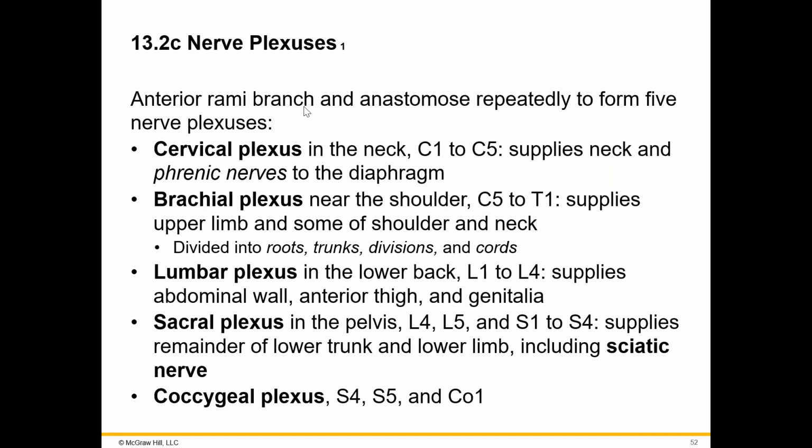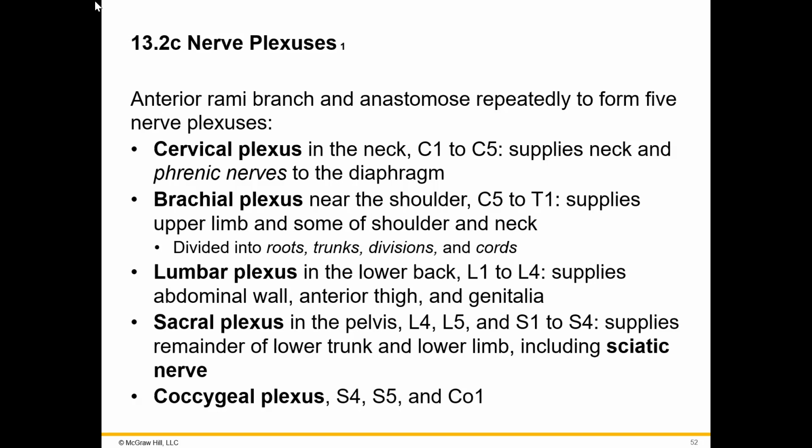Anterior rami. The anterior rami branch and anastomose repeatedly to form 5 nerve plexuses: the cervical plexus, the brachial plexus, the lumbar plexus, the sacral plexus, and the coccygeal plexus.